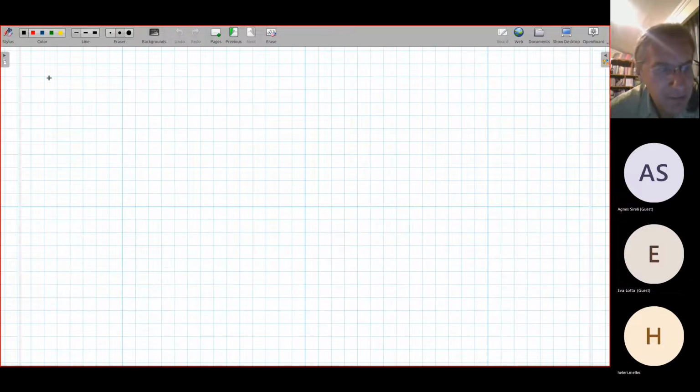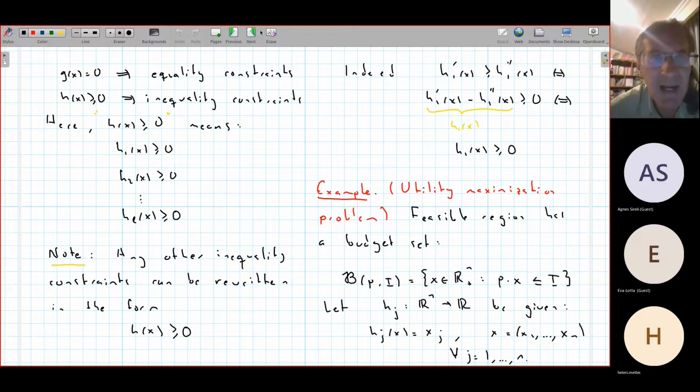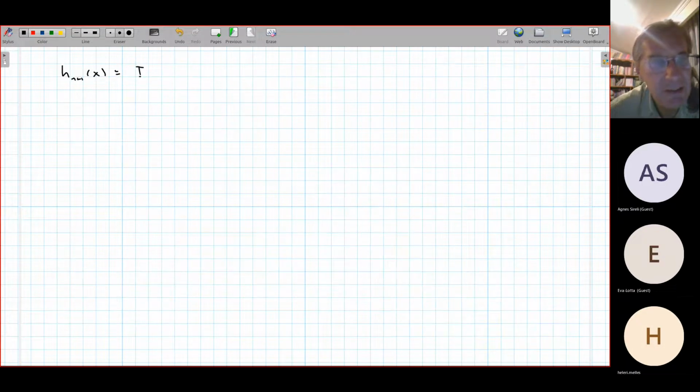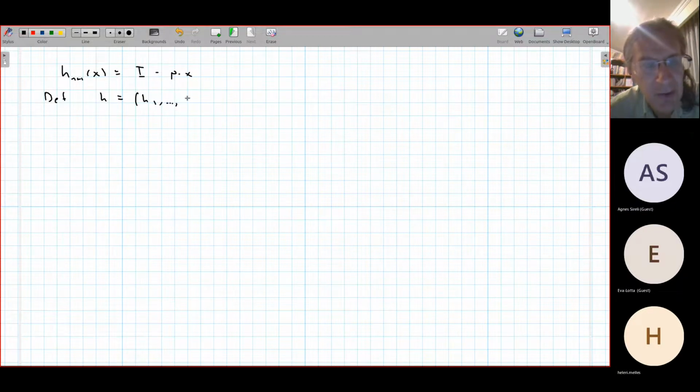So, we are going to have h n plus 1 of x equal to I minus p times x. And then you define the function h as the function whose components are h1, h2, and so on, h n plus 1.